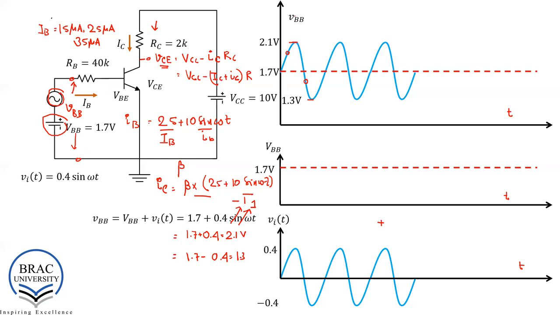Now, if I again apply the VP minus VN rule here, for the total voltage consisting of AC signal source and DC voltage, when we have both the AC signal source and DC voltage, we can see the voltage is fluctuating between 2.1 to 1.3.